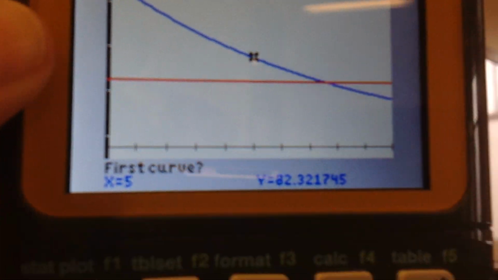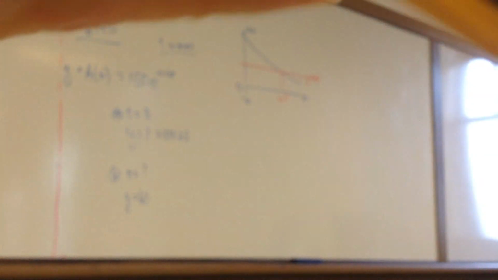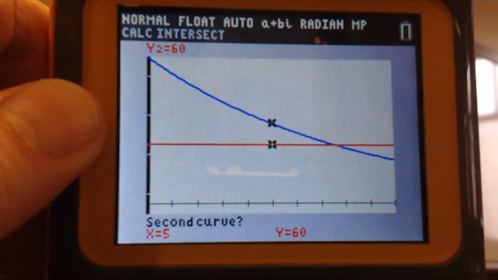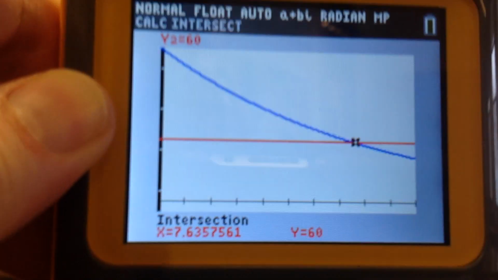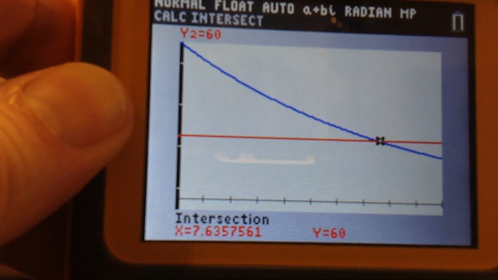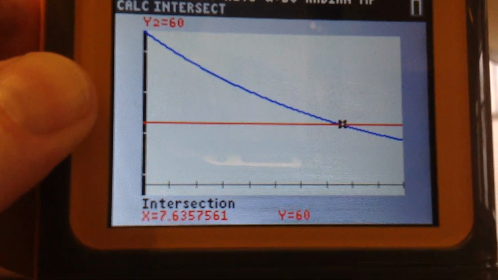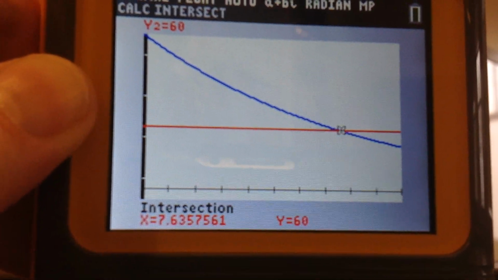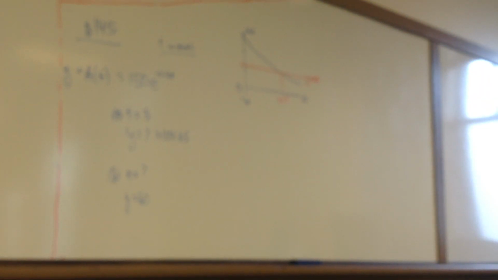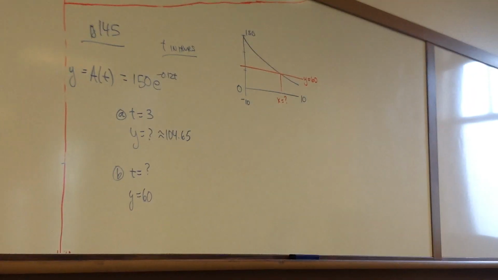We've only got 2 curves on here, so we can just hit enter. Yeah, that's the first curve. Second curve, yeah, that's the second curve. Guess, no, we don't want the guess. We want to know exactly what the intersection is. And there it is. There's the intersection. When y is 60, x is equal to about 7.6. All right, so that's how we're going to be solving those problems.